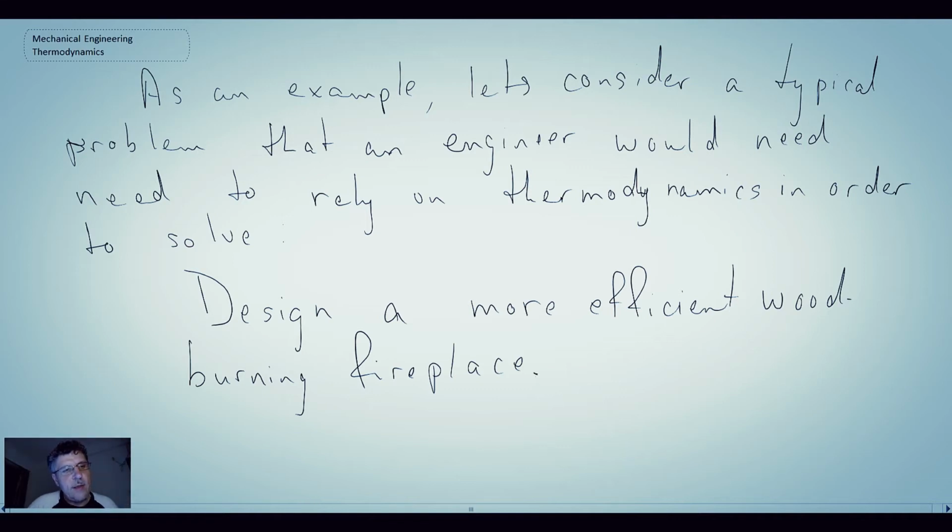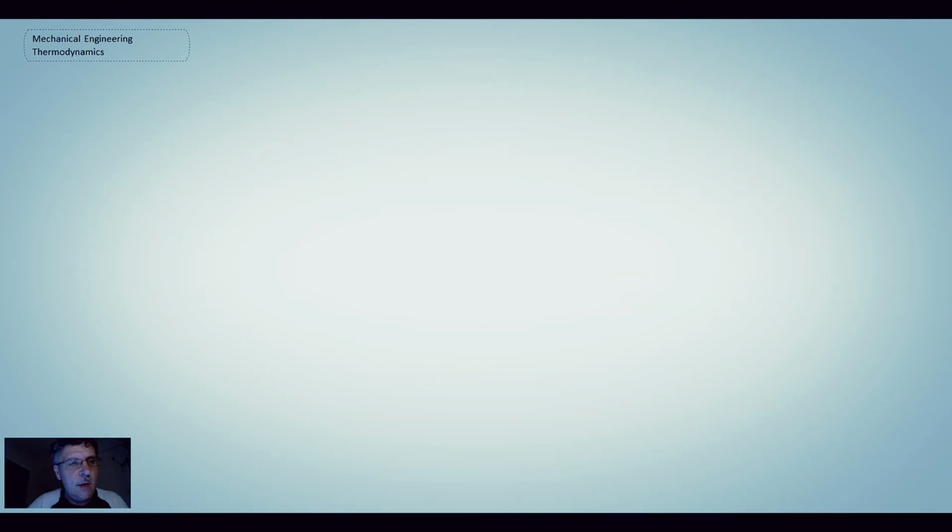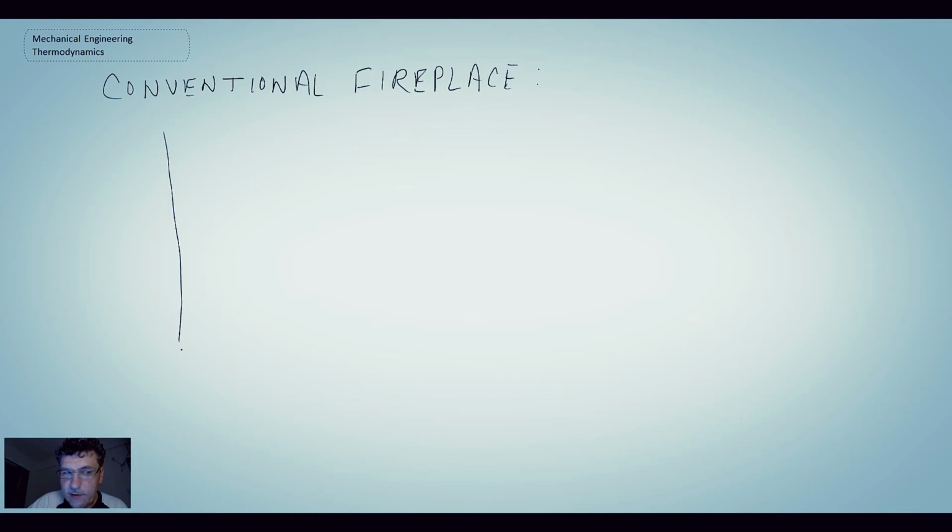So let's take a look at that. And what we're going to do is start by looking at a conventional fireplace and examining what is going on. So if you look at a conventional fireplace, what we have is usually some form of enclosure, quite often made out of brick.